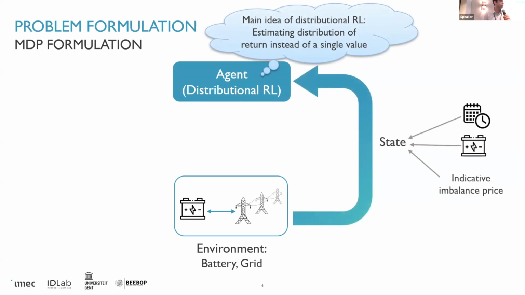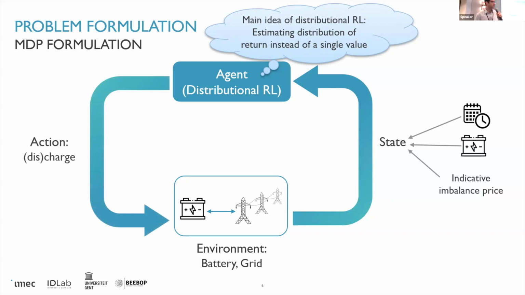At each time step, our agent can see some information, which we call the state. The state in our problem includes some time-related information, such as the minute of the quarter hour, and also some characteristics of the battery, like SOC, and the indicative imbalance price, which is a minute-based price published by Elia, the Belgian TSO.